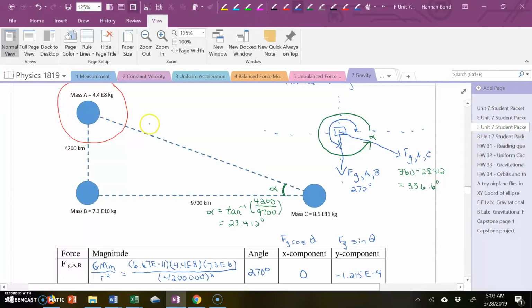So this hypotenuse should be equal to the square root of 4,200 kilometers, I'm making it in meters, squared plus the square of 9,700 kilometers, and then I take the square root.